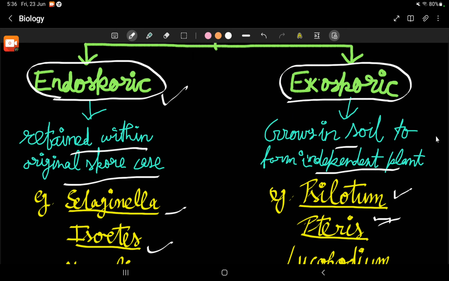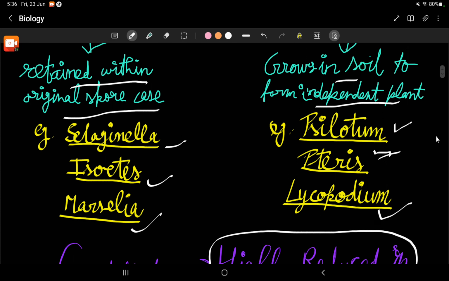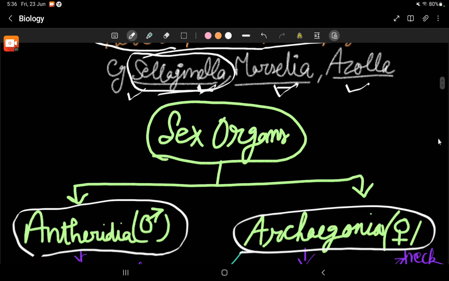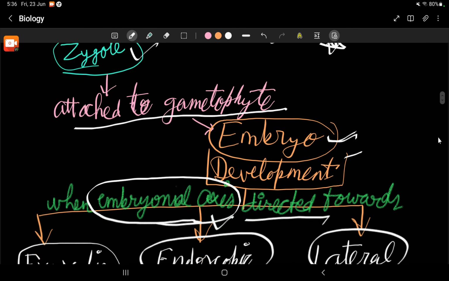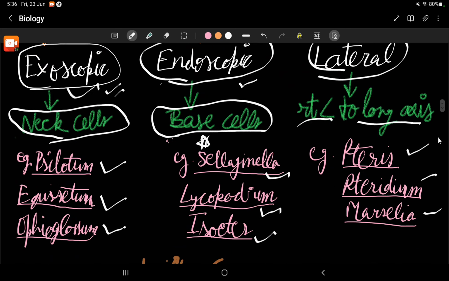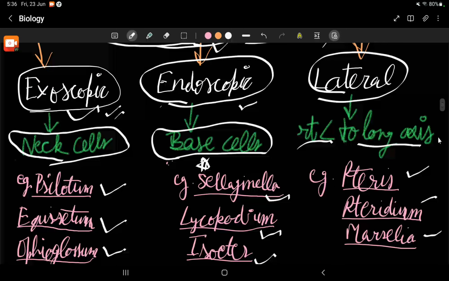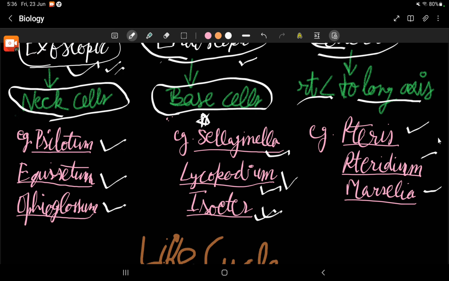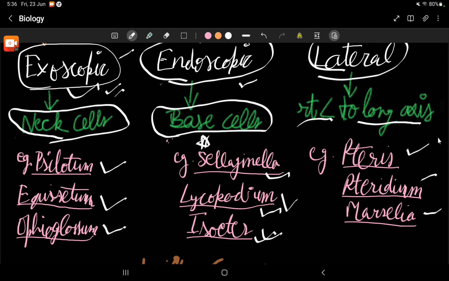In Lycopodium, the gametophyte is exosporic, and the embryo development is endoscopic. Isoetes also has an endosporic type of gametophyte.